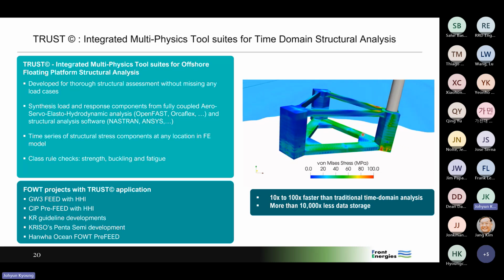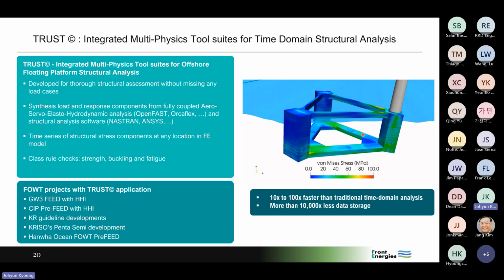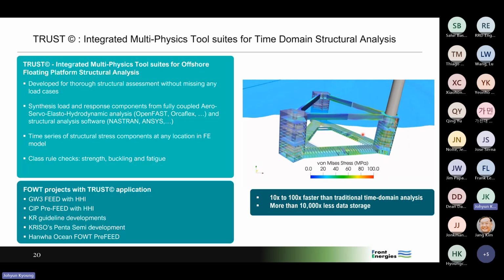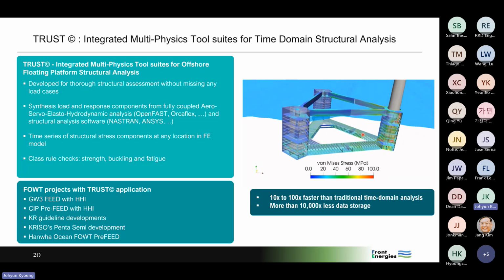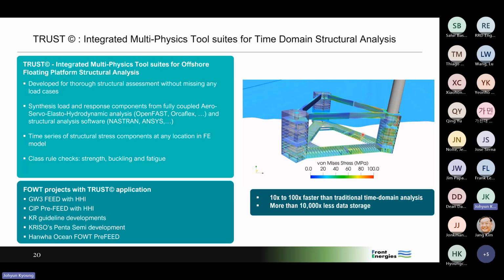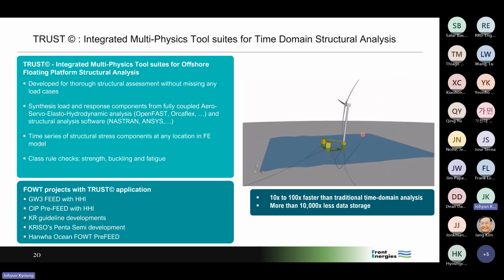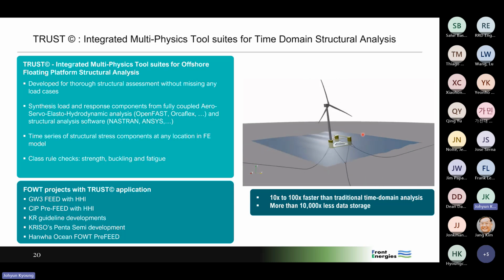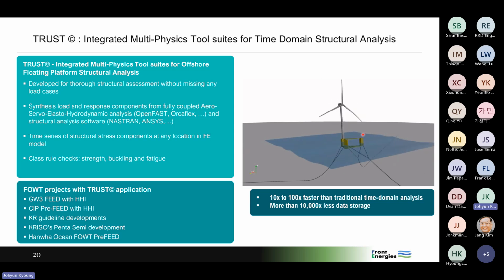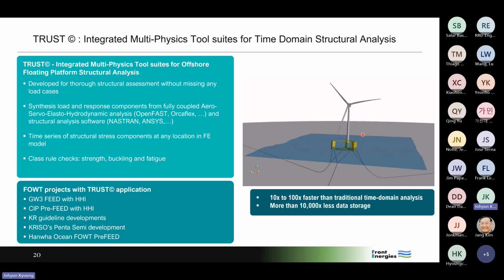The main output is the time series of the structural stress component at every location of the finite element model. Once we get this time series, we can apply it to class rule check programs to assess the strength check, fatigue check, and also the buckling check.